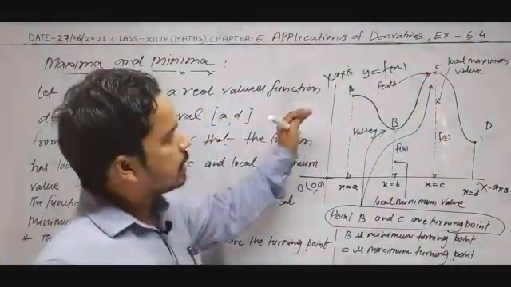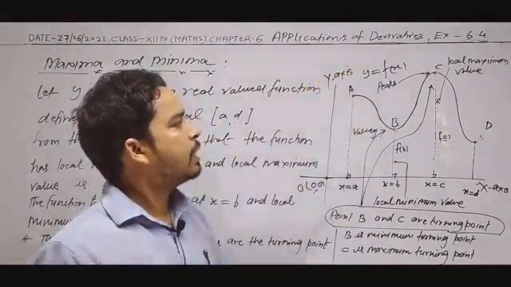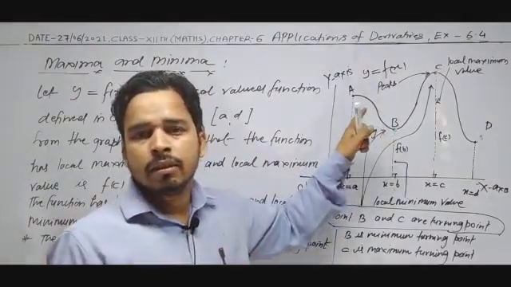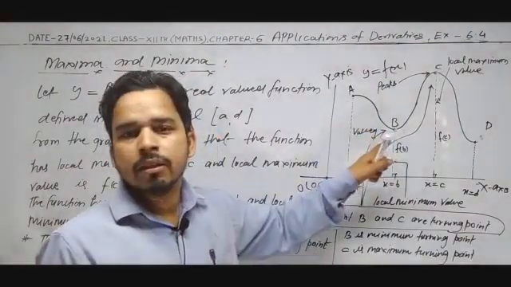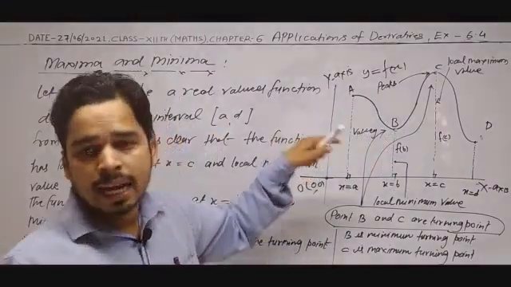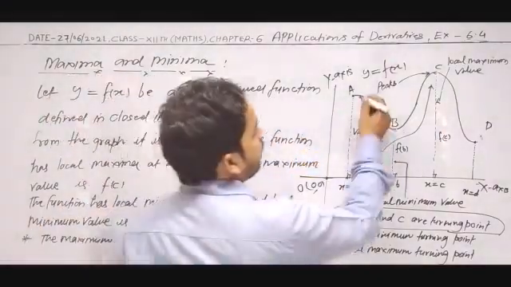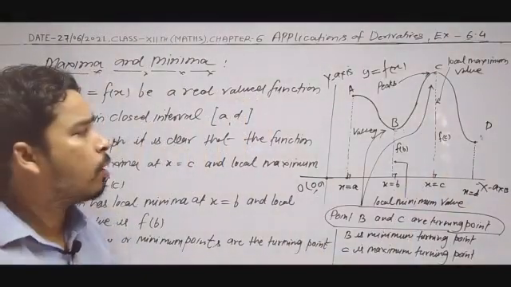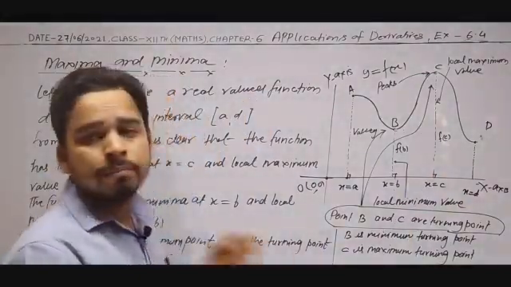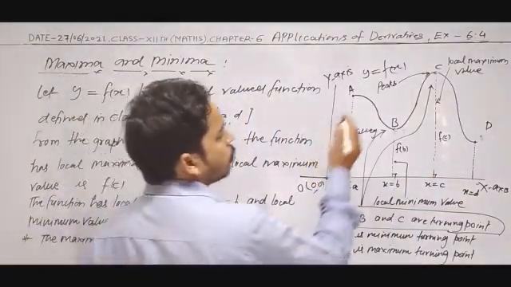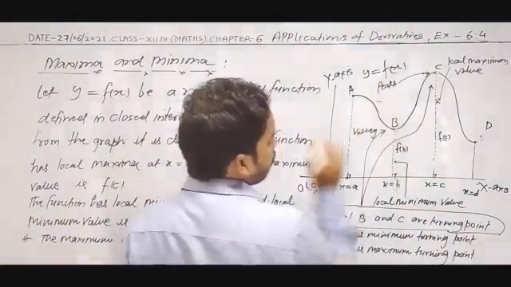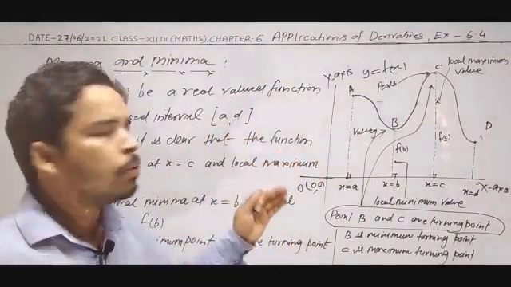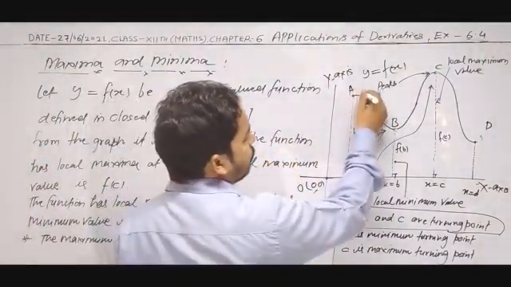The function is decreasing from A to B. When you draw tangents between A to B, you will get an angle more than 90 degrees, or obtuse. The tangents make an obtuse angle with the positive x-axis, so the slope will be negative. More than 90, in the second quadrant the value of tan is negative, so the slope will be negative.